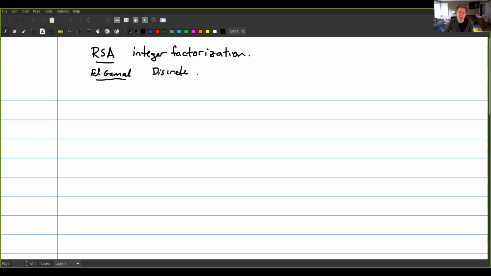And the discrete log problem can be expressed in any group.